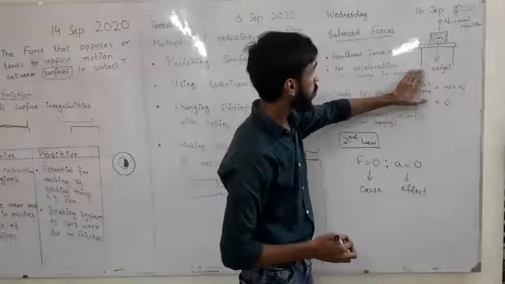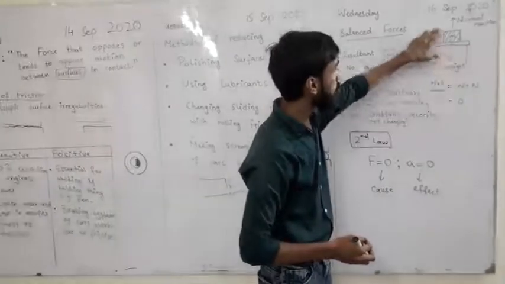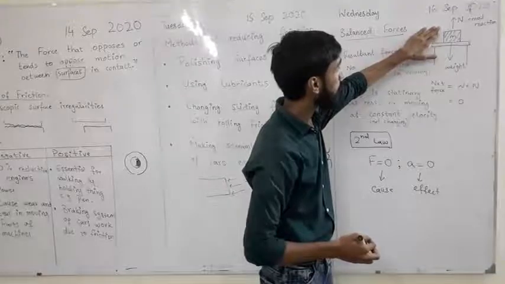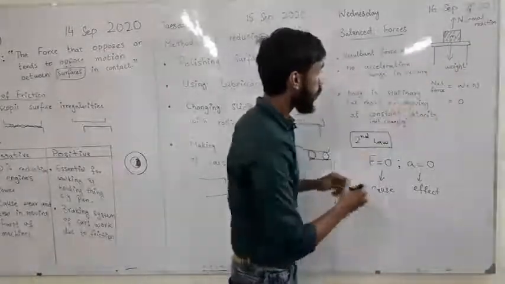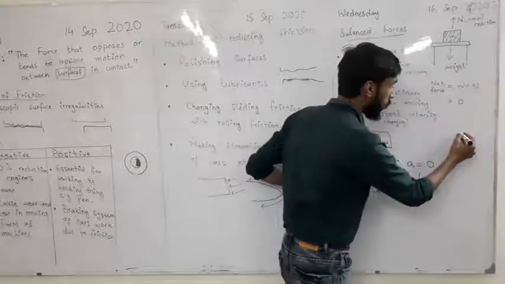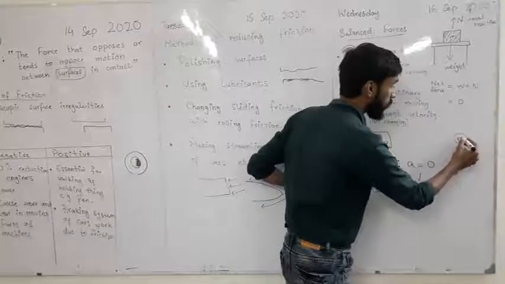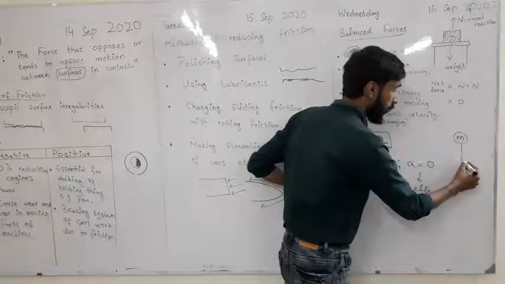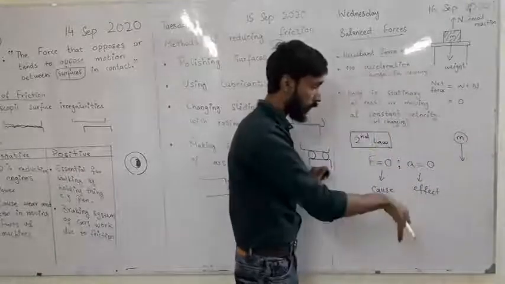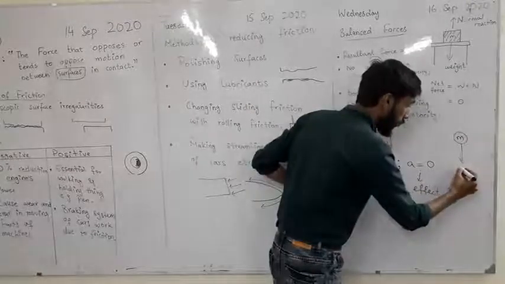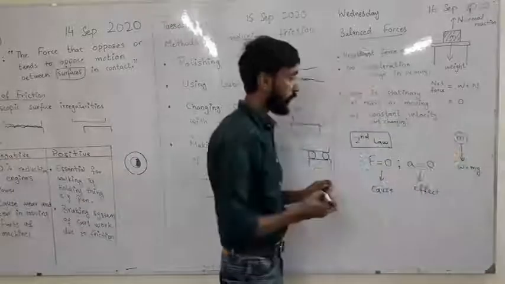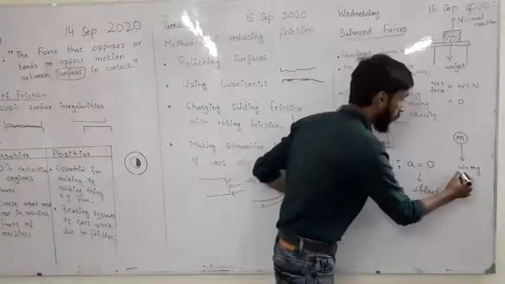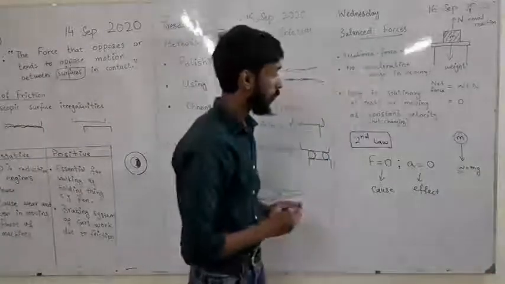Suppose you have a table and there is a block placed upon the table with mass m. We know that every massive object tries to go downward towards earth, and the force by which it tries to go downward, we call it the weight of the object.